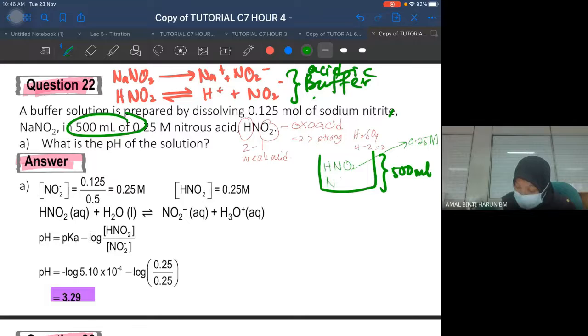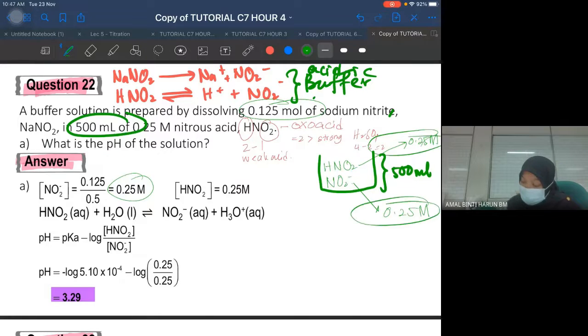Lepas tu ada NO2 minus salt tu sebanyak berapa mol tadi? 0.125 mol. Maksudnya kepekatan dia kita cari it is 0.25 molar. Okay. Since kita dah ada molarity bagi weak acid, molarity bagi salt, directly substitute dalam ni.